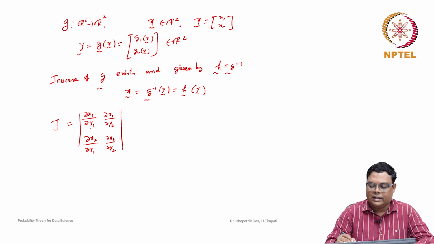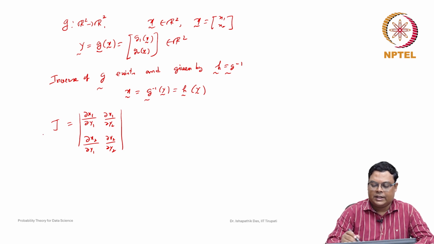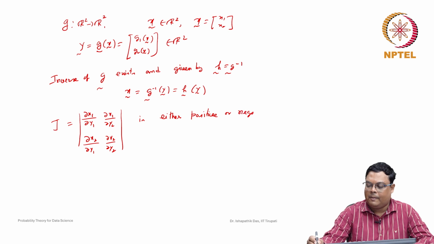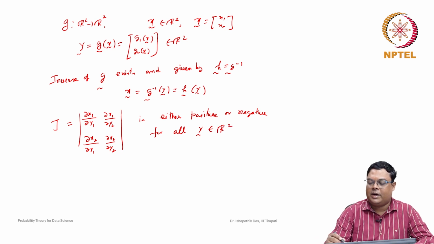Now consider the determinant of the Jacobian matrix, which we denote by J. This determinant is either positive or negative for all y belongs to R2. We can consider all possible values in the range of y, but here I am just writing y belongs to R2.